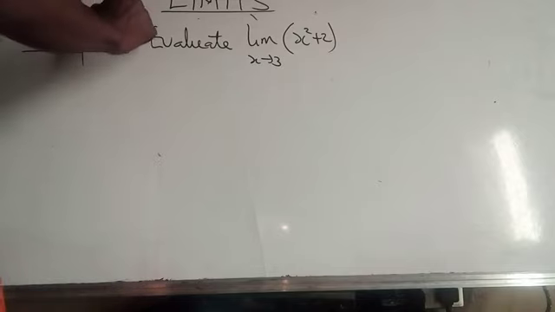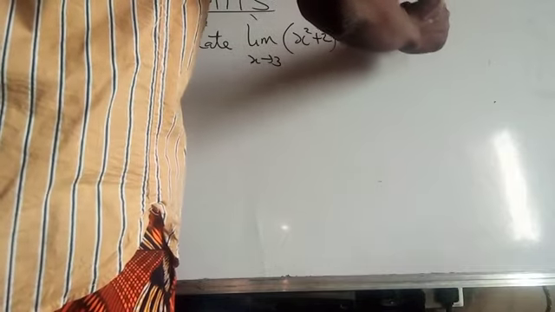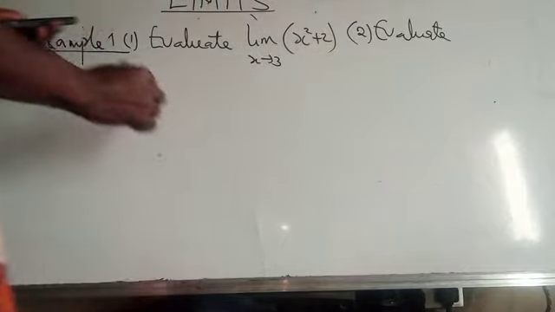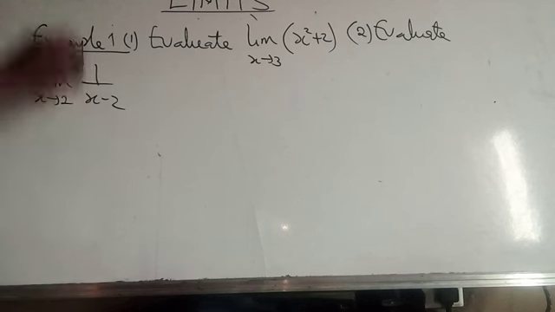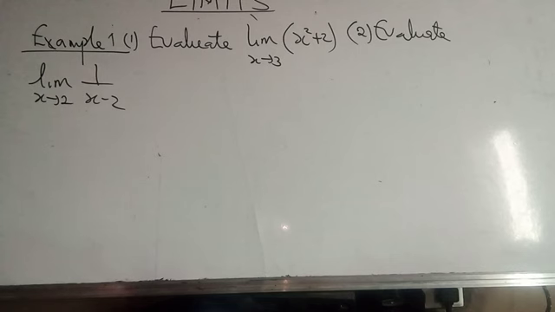That's the first question. The second one, evaluate the limit of 1 over x minus 2 as x tends to 2. So now let's quickly solve this.